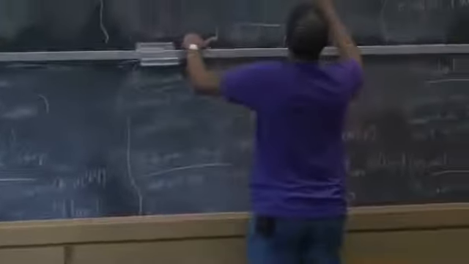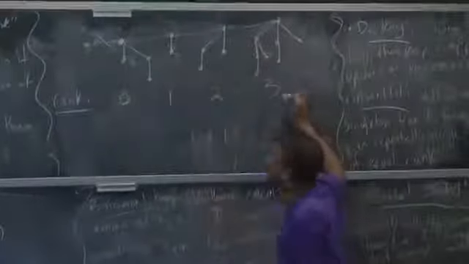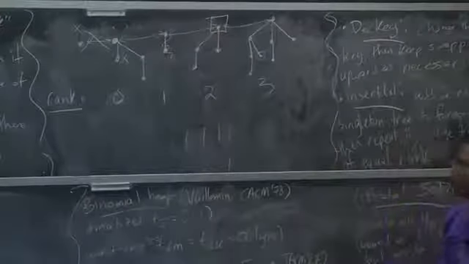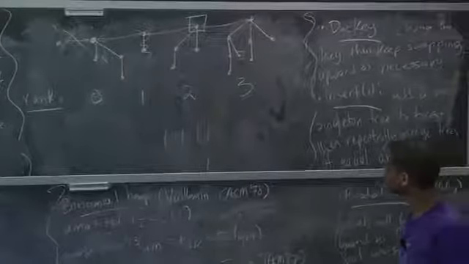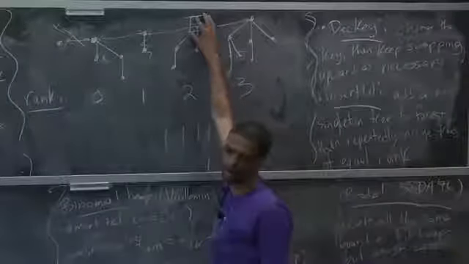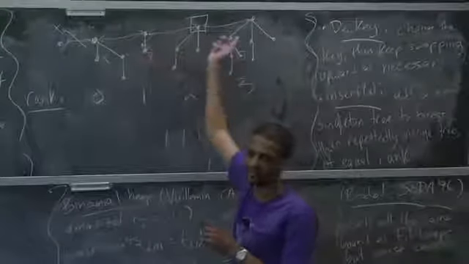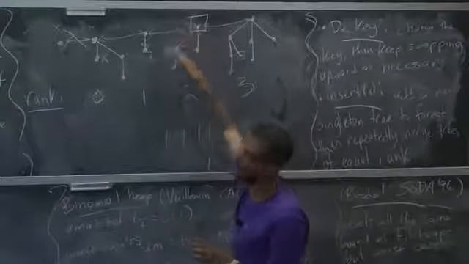One of these roots is the minimum; it could be any one of these roots. So let's say that's the minimum. What do we do? We return it, we delete it, and all its children now become roots. All of these children become new trees in our forest.